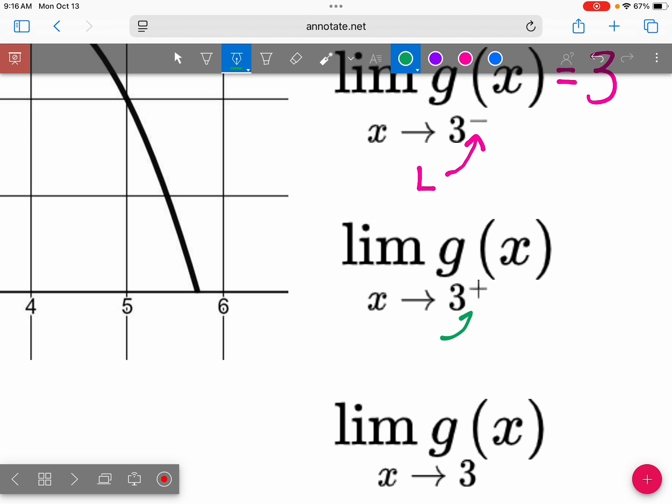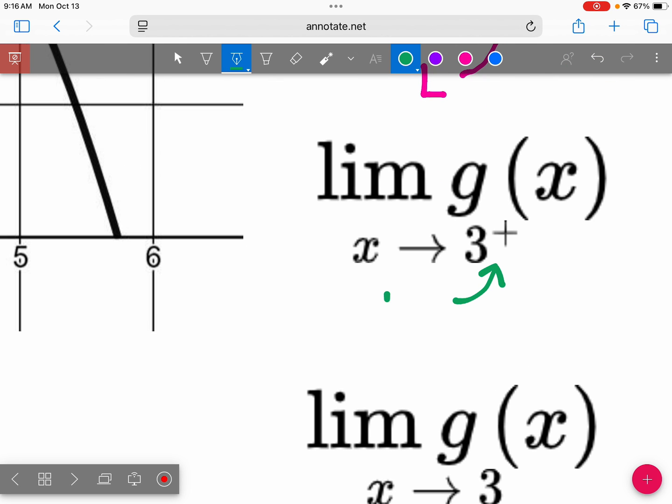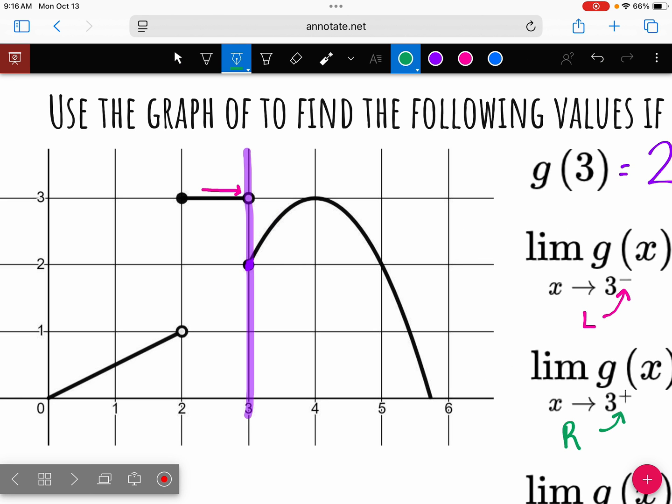Now we're going to approach x from the right. If it has the little plus, we're coming from the side of positive numbers, from numbers that are bigger than 3. So what is the limit as we approach from the right? 2. That's this guy.